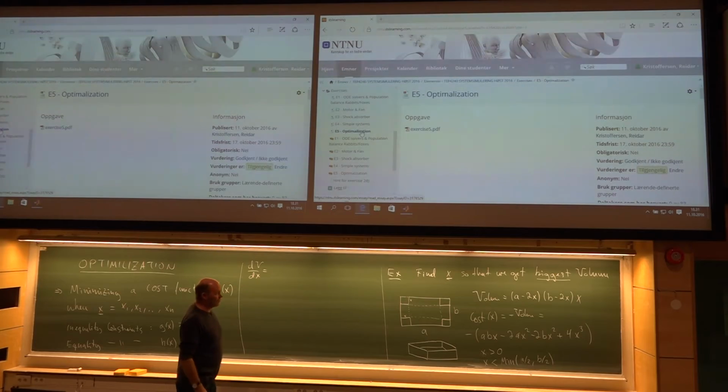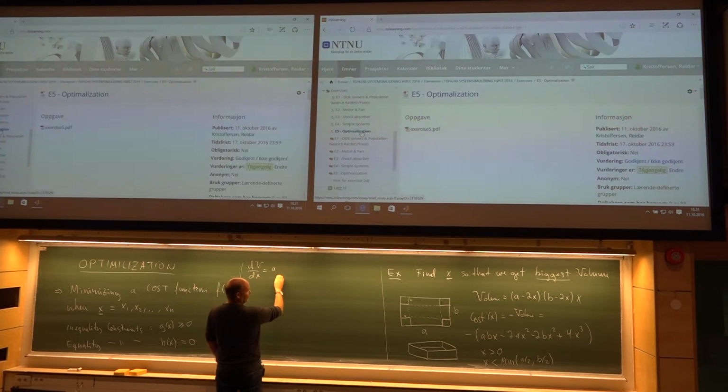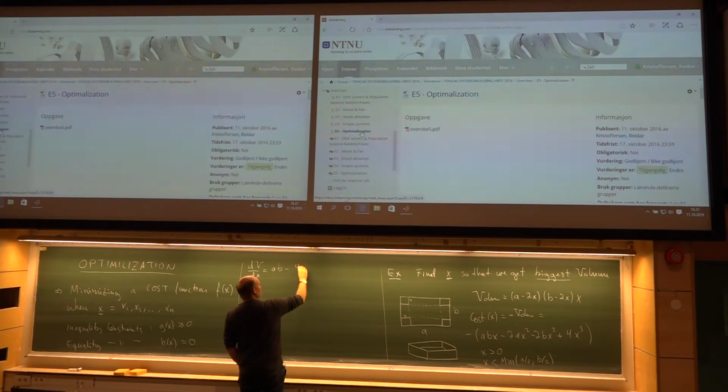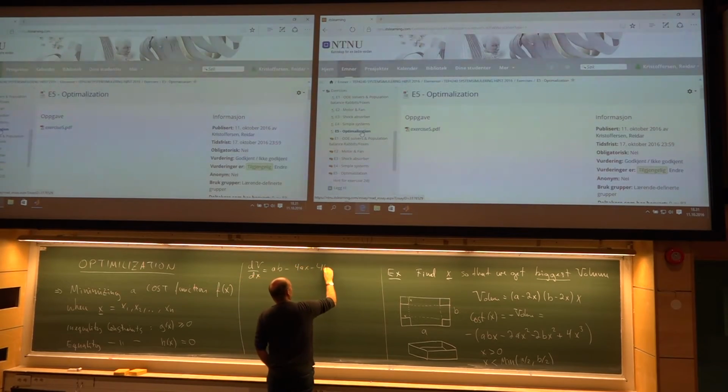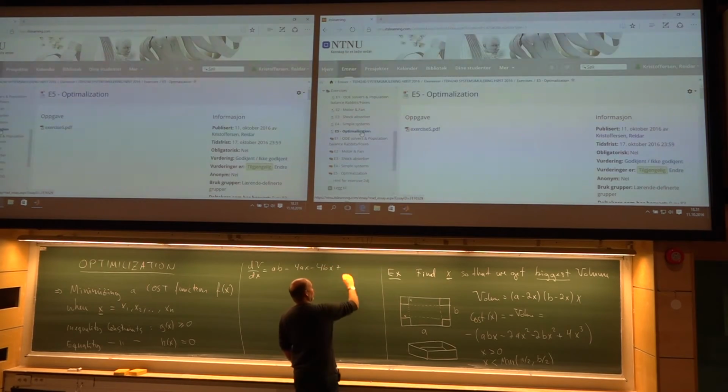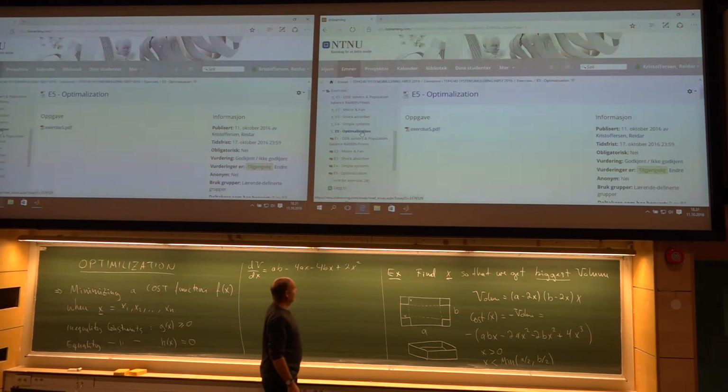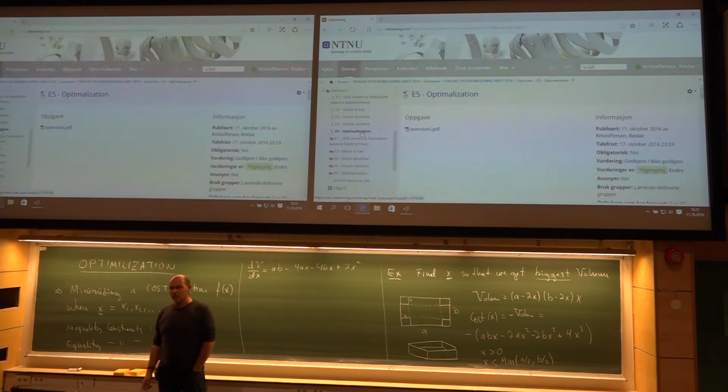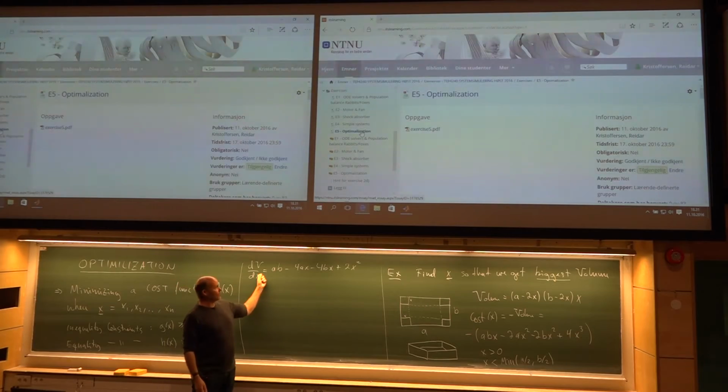No problem there. What will it be? The derivative will be ab, minus 4ax, minus 4bx, plus 12x squared. So that's a second order equation, and then you just demand that it be 0.